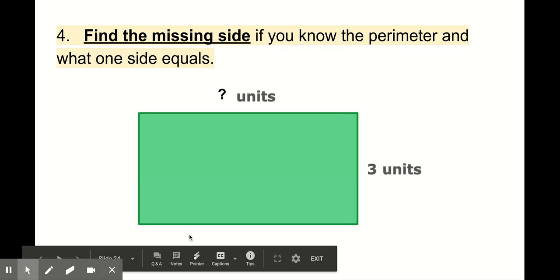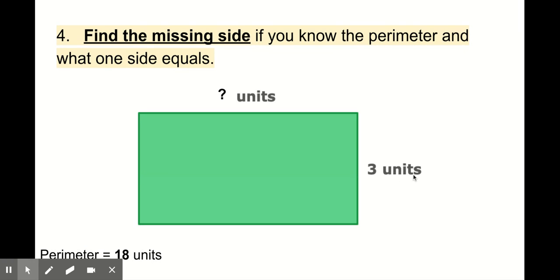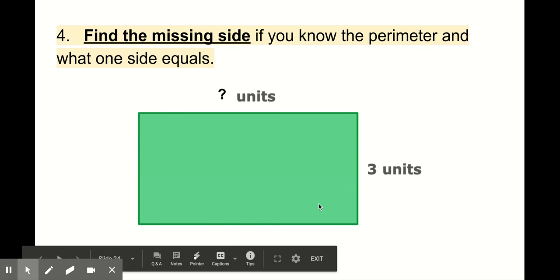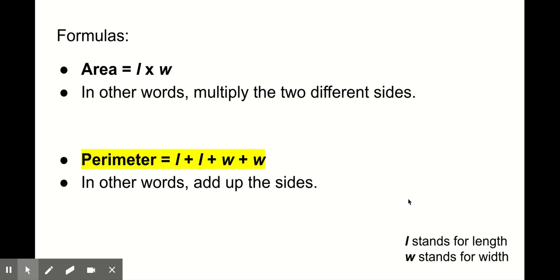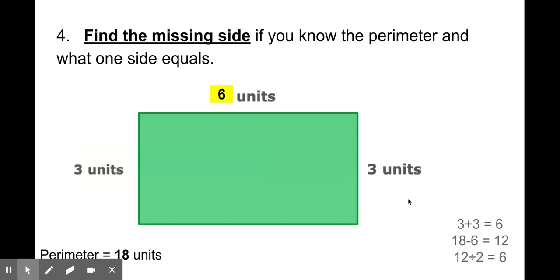Now, the perimeter of this green rectangle, the distance around, is equal to 18 units. So the side that we do know is 3 units. Now, in order to find this missing side, what we should do is fill in some blanks that we already know. For example, we're adding up the 4 sides, so we want to label the 4 sides.